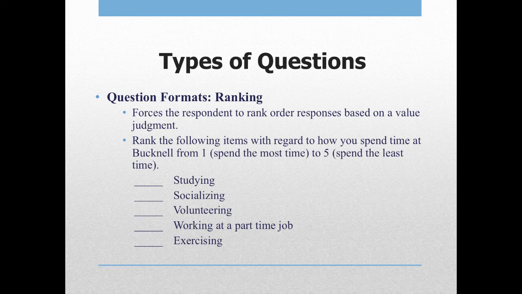That's pretty good because it forces people to pick a side. Some drawbacks to this one: you would not want to rank 30 things from 1 being the most to 30 being the least, because that becomes really tedious and also difficult. I can't remember that. So keep it to a small amount whenever you're doing ranking.